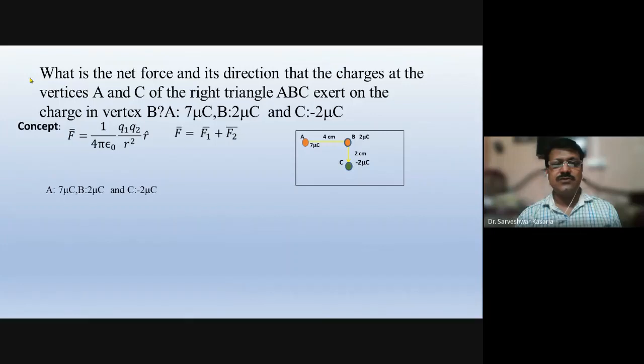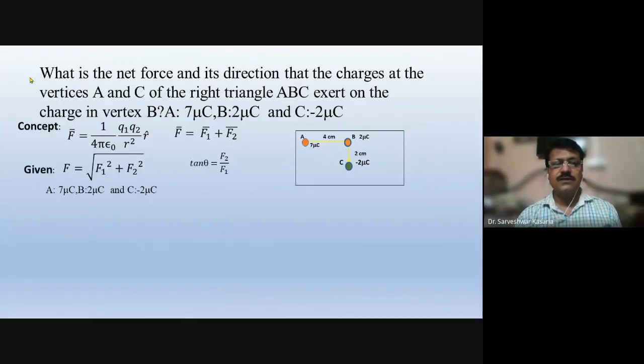Resultant force is equal to vector sum of force 1 and force 2. Its magnitude is given by square root of F1 square plus F2 square. And tan theta, which gives the direction of the resultant force, tan theta is equal to F2 upon F1. So here by using these concepts, we will solve the problem.